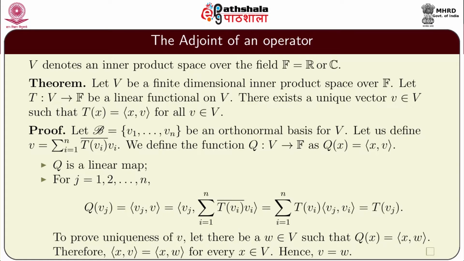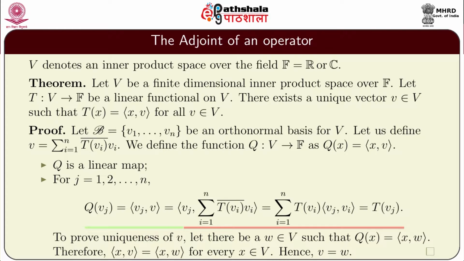and for j equal to 1, 2 and so on up to n, Q of vj is given by the inner product vj comma v, but we have already defined our v, and that is given by summation i equal to 1 to n T(vi) conjugate vi.